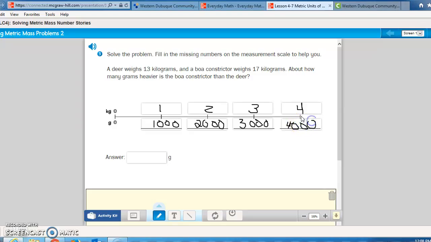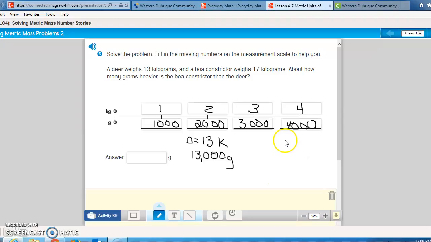Read the problem. A deer weighs 13 kilograms and a boa constrictor weighs 17. About how many grams heavier is the boa constrictor than the deer? Well, if the deer, which I'm going to mark with D, weighs 13 kilograms, that lets me know that it actually weighs 13,000 grams.